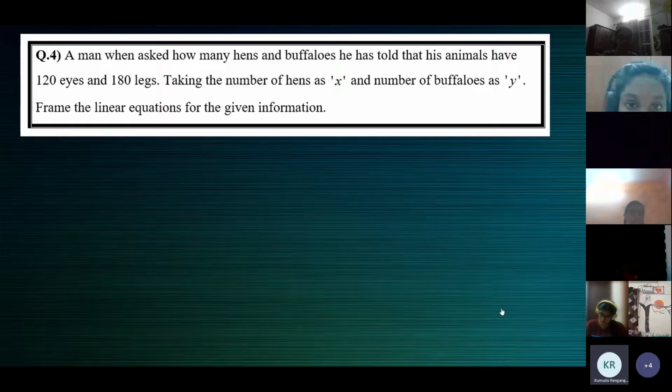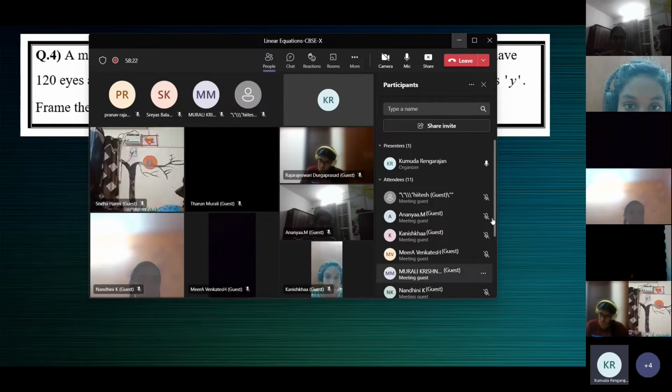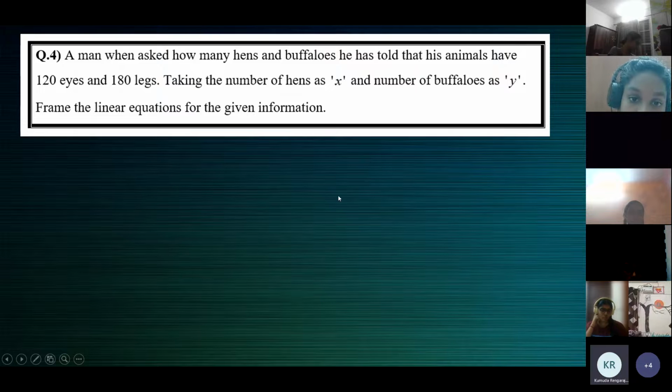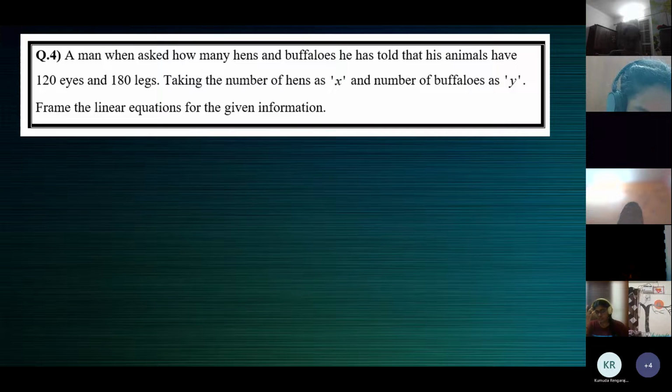Oh, I'm so sorry, Ananya. Since the question was hidden, I thought we had to solve for x and y. Yes. You said 60 and 30, is it? No, and 30 for both. 30 for both. Correct. 30 for both is also right, but anyways, we have to just frame the linear equations.